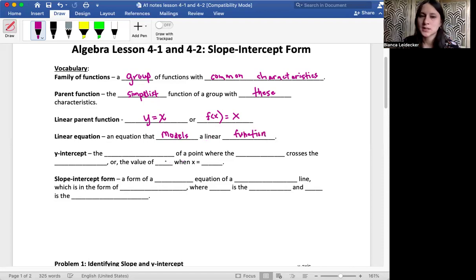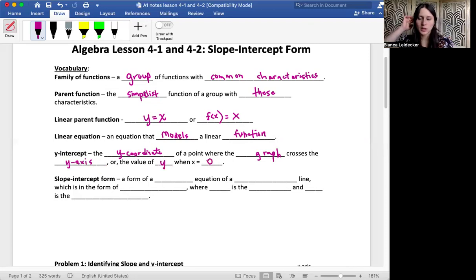The y-intercept is the y-coordinate of a point where the graph crosses the y-axis, or the value of y when x is 0.